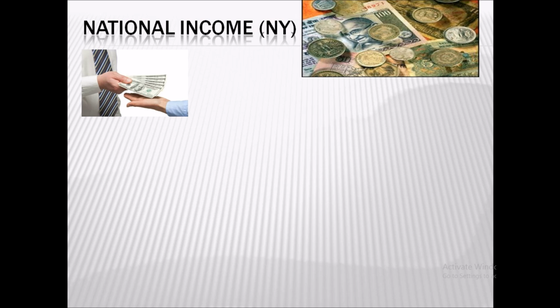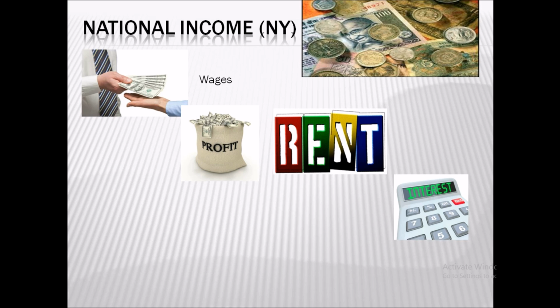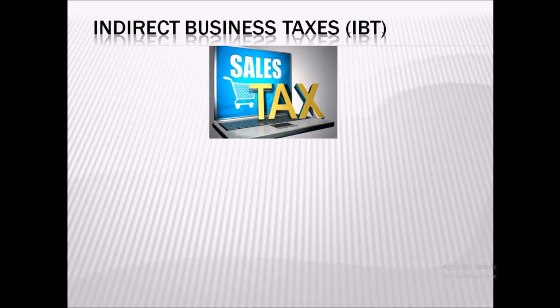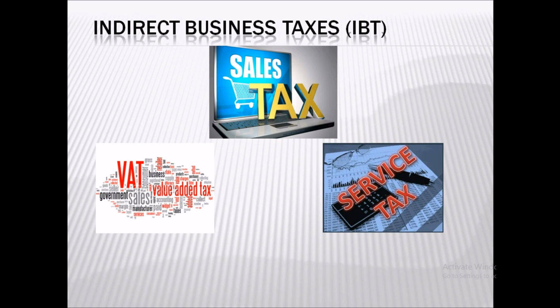So national income comprises wages received by individuals, profit paid to the entrepreneurs, rent paid to the landowners, and interest paid to the providers of debt capital. And when it comes to indirect business taxes, you have sales tax, value added tax, and your service tax.